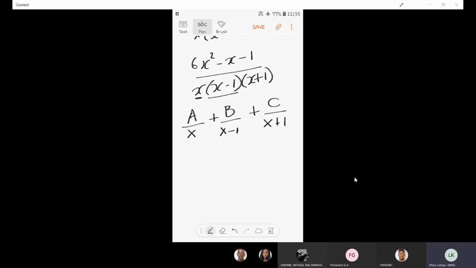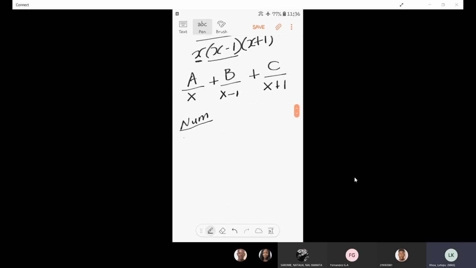Then I will combine them. I'm only going to look at my numerator because of the space that I have over here. So my numerator will be a times x minus 1 times x plus 1, and then b times x times x plus 1, and then c times x times x minus 1.